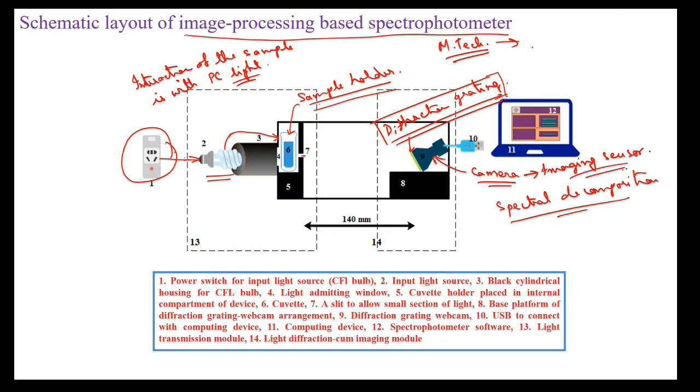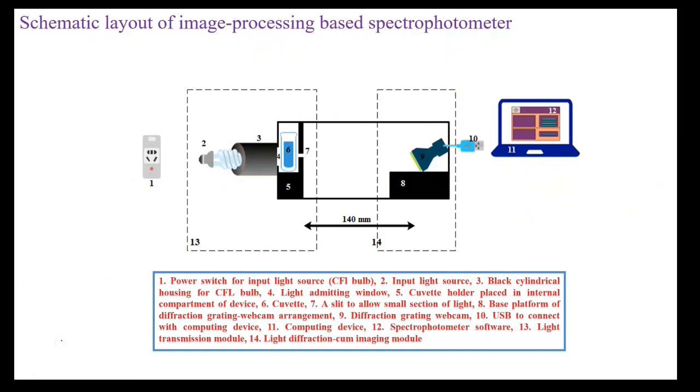Okay, are you getting my point? So look over here. You have the diffraction grating. White light comes through this slit, and after it passes through the diffraction grating, there is spectral decomposition. Like this, there is a spectral decomposition.